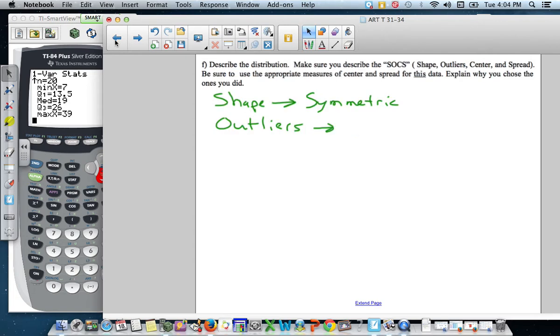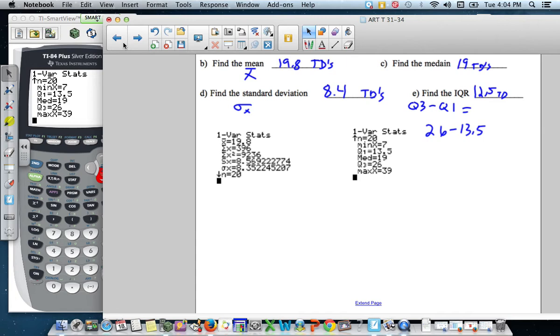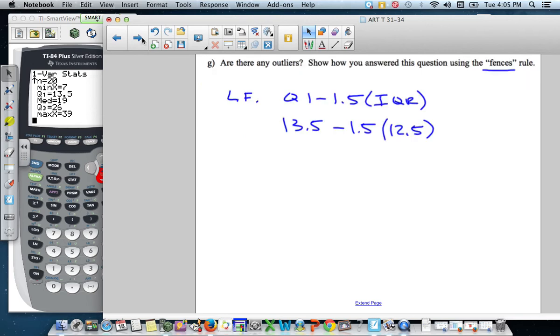Again, these numbers came from this screen here. I can see my Q1 and Q3 and my interquartile range right there. So when I calculate that, it ends up with a lower fence of negative 5.25.